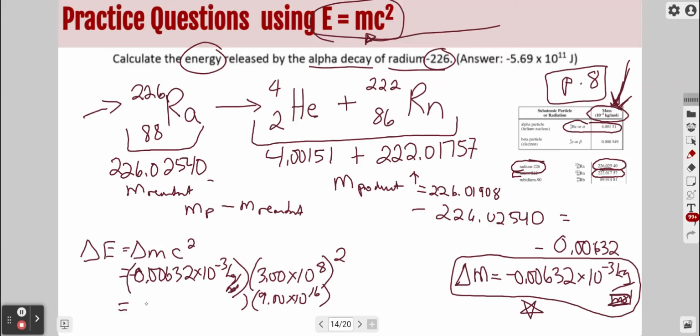Then you're going to multiply it by our negative 0.00632 times 10 to the negative 3. When we multiply these together, we should get negative 5.688 times 10 to the 11. And from back in an earlier unit, we know that energy is measured in joules. So that's in joules.